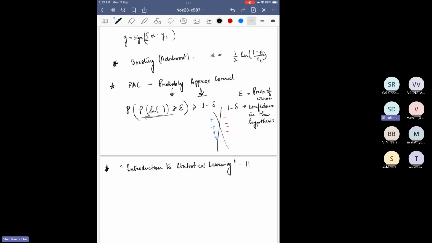Then another is Probabilistic Machine Learning, by Murphy.